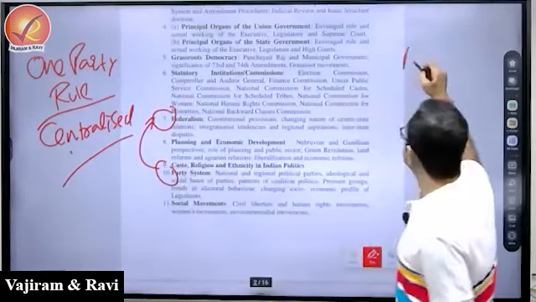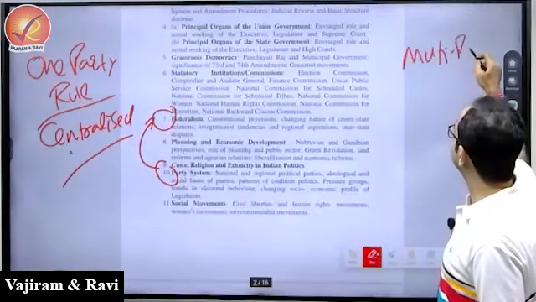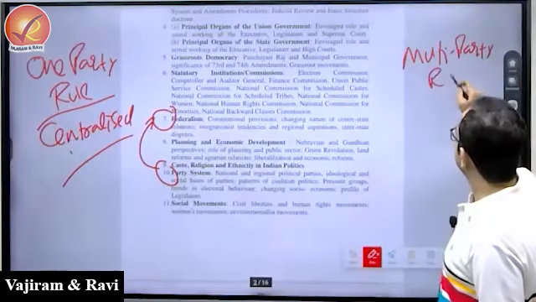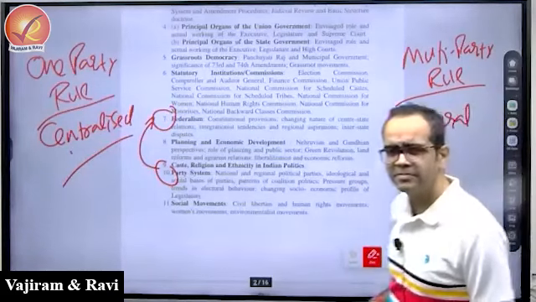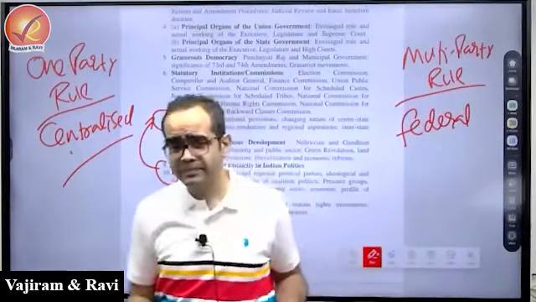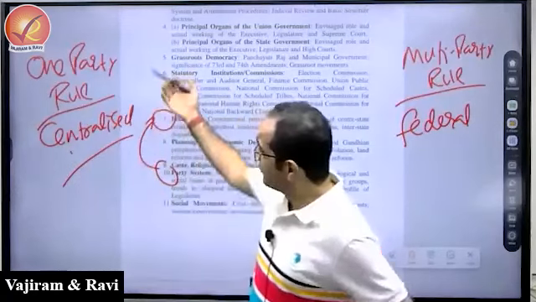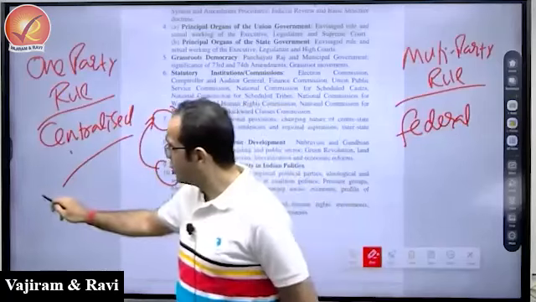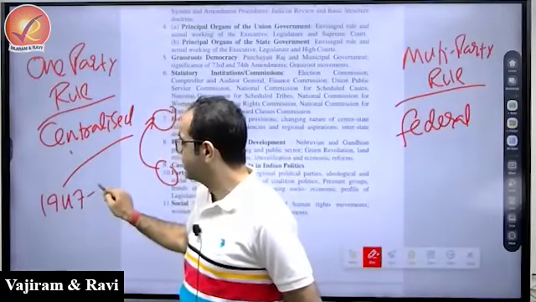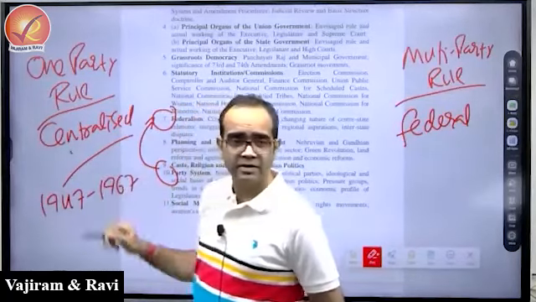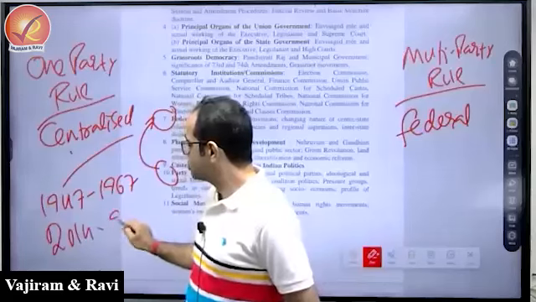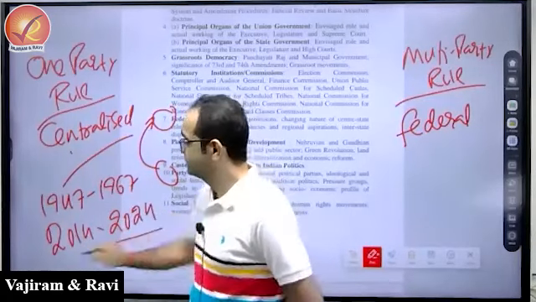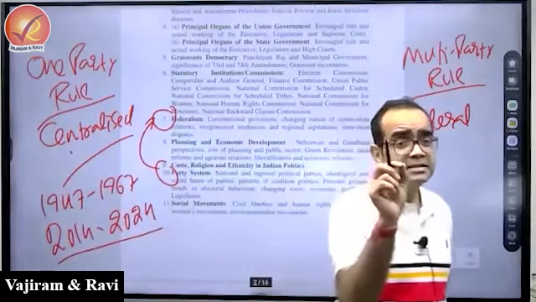And whenever there is multi-party rule in India, it becomes more federal. What does federal mean? Sharing of power. So in this one-party rule, whether it was Congress from 1947 till 1967, or BJP from 2014 to 2024, centralized tendencies have been there.